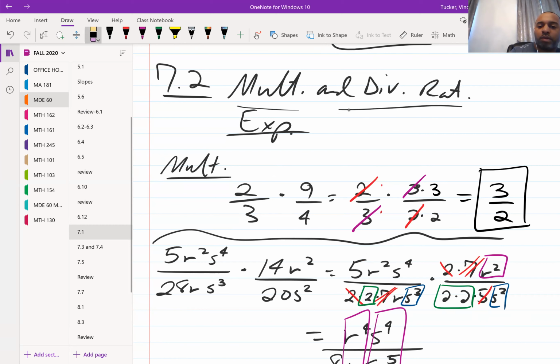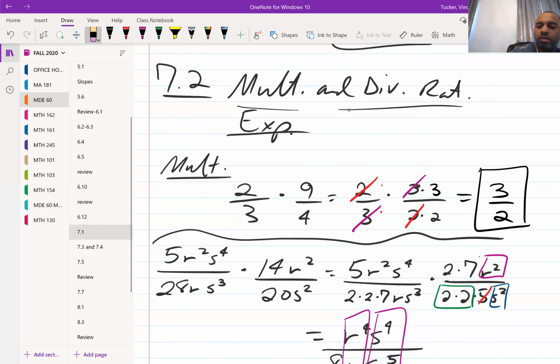So I'm going to remove all this stuff. All right, so I took the 5. I didn't do anything with the 5, but I broke down 28. 28 is 4 times 7.